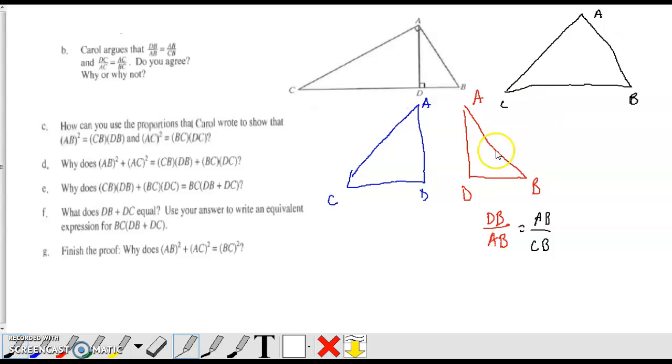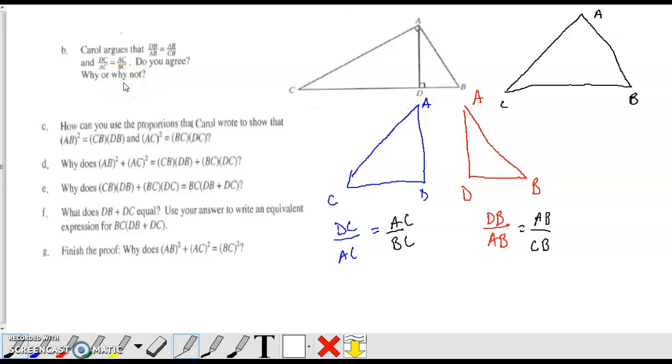So that way we can see that we're checking out the ratio proportion here. And for the second part, DC is in your blue triangle, so DC over AC is now equal to AC over BC. That's our bigger triangle, AC over BC.